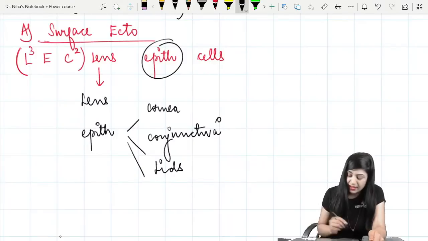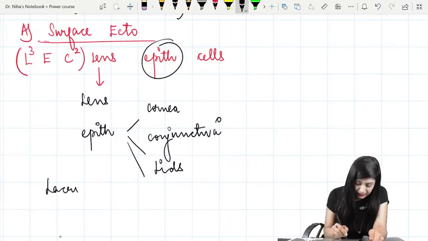And finally is the lacrimal apparatus. So L for lens, L for lids, and L for lacrimal apparatus, while epithelium of cornea as well as conjunctiva.